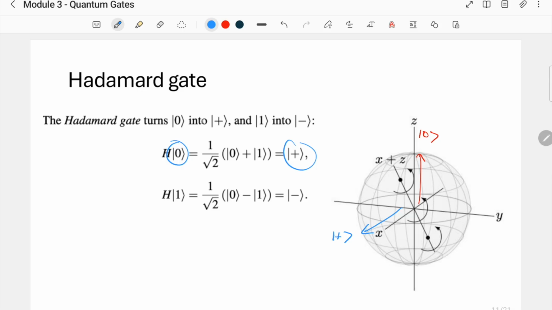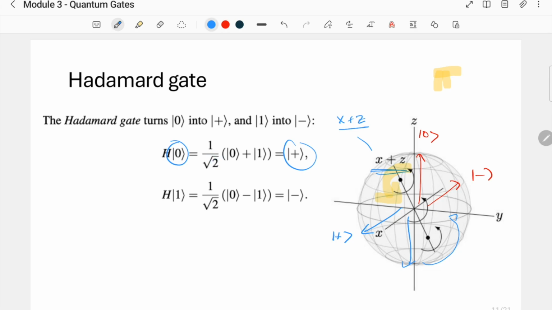What the Hadamard gate does is rotate any given state along this line x plus z by pi radians. So if we consider this example here, 0, we start here and we rotate along the x plus z by pi radians, so we obtain this plus state. And similarly for the one state, if we start here, we rotate it like this and we will obtain this state, the minus state here.